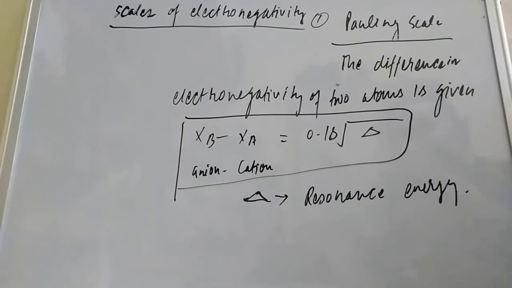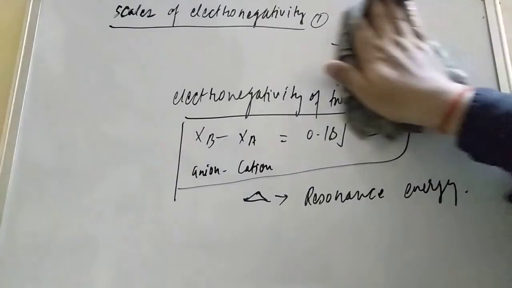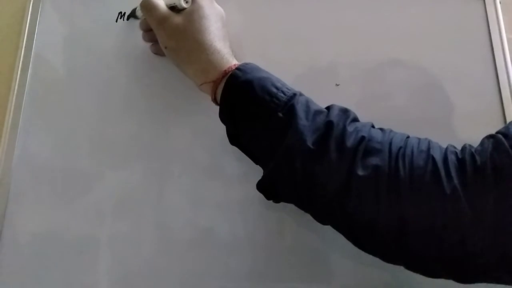Now one more method has been given, that is the Mulliken scale. Let us try to understand what the Mulliken scale is and what its formula is. This is also used for the calculation of the electronegativity value.